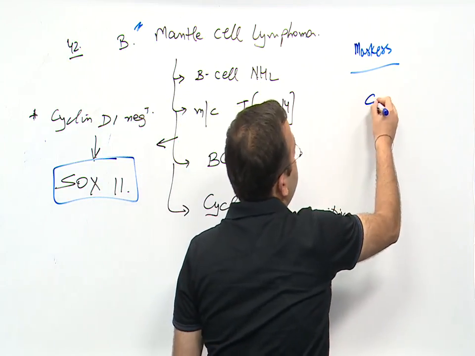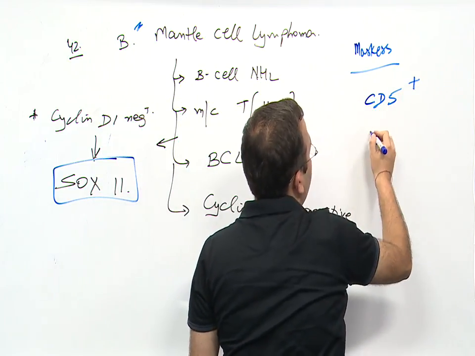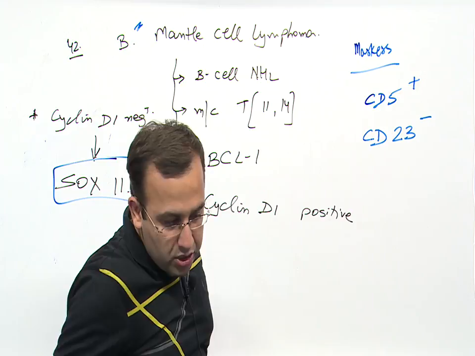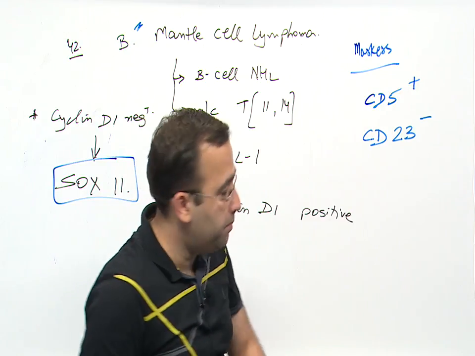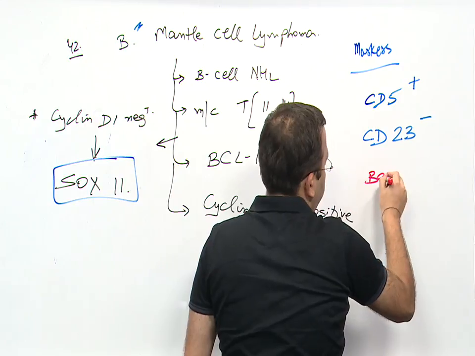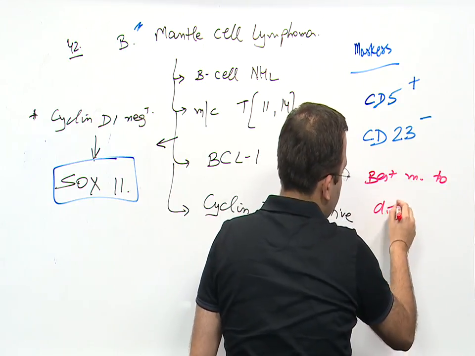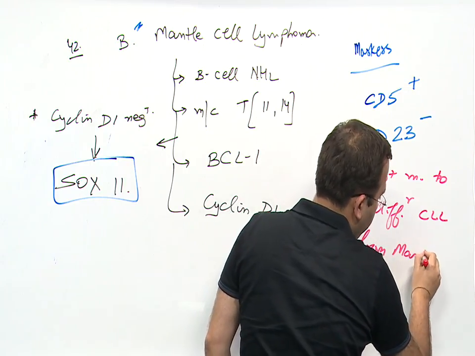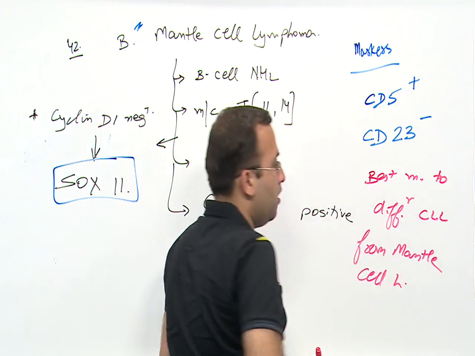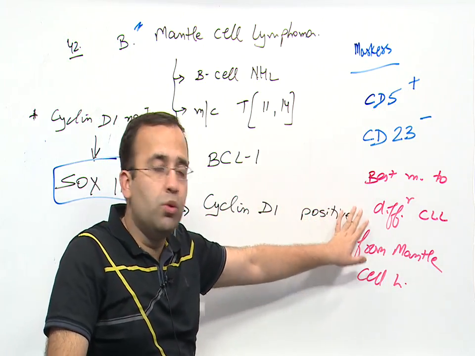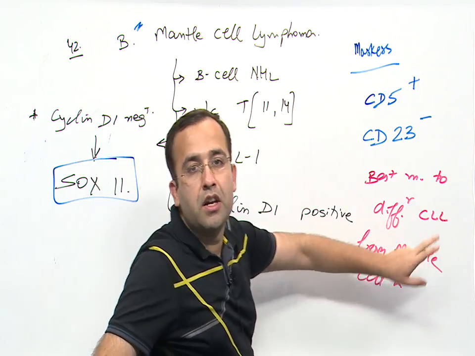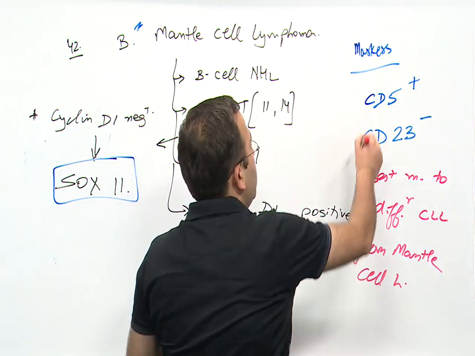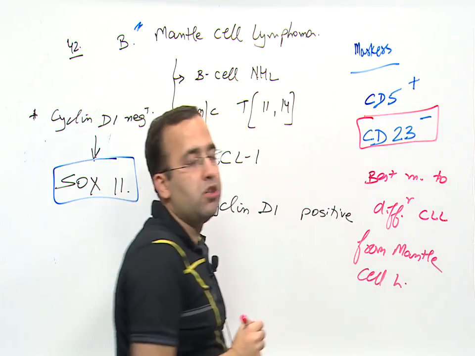First point, it is CD5 positive but CD23 negative. Extremely important. So the best marker to differentiate CLL, that is chronic lymphocytic leukemia, from mantle cell lymphoma is CD23.